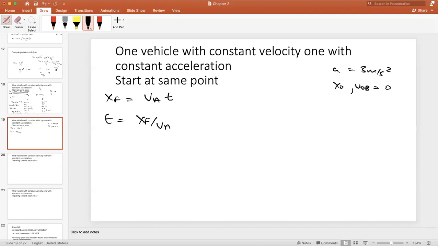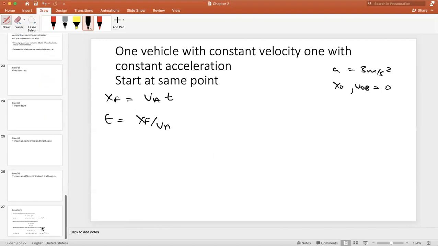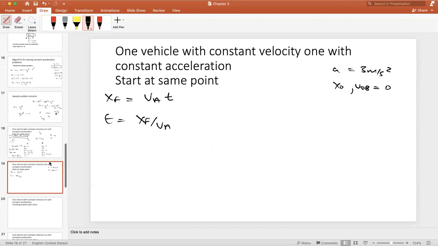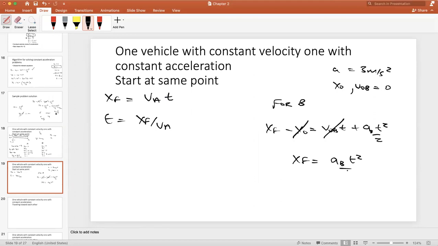So we don't have V final for B, so we're going to stick to the top equation for B. For B, we have x final minus x initial is equal to v naught of B times t plus a of B t squared over 2. Now we said this was 0, and we said this was 0, so we get that x final is equal to aB t squared over 2.